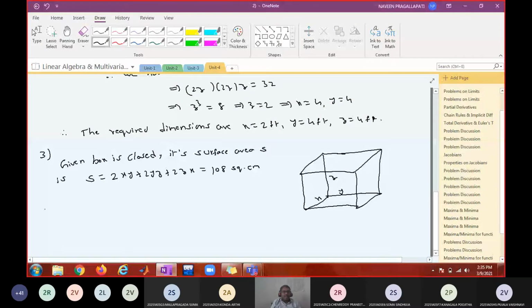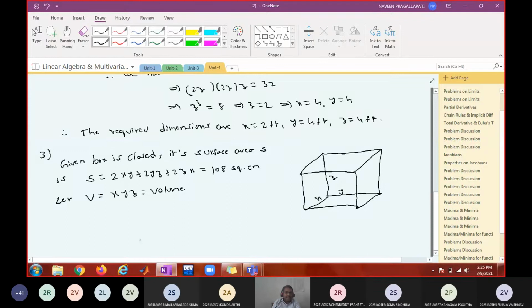Okay. And what is the volume of the box? Let V be equal to xyz, volume. And we want to maximize this volume. Okay? So we have the objective function which is the volume. We have the constraint which is the surface area.